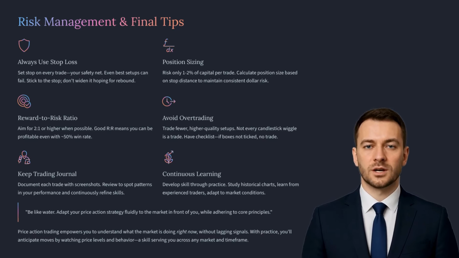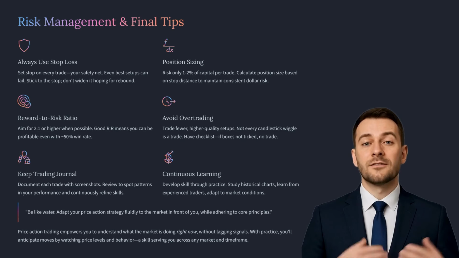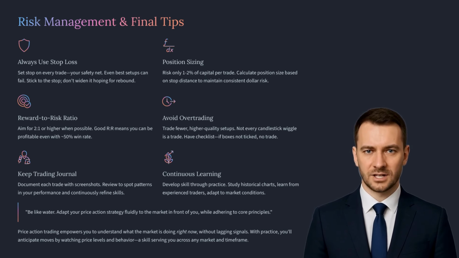Reward to risk ratio. Aim for trades with a favorable reward to risk ratio, RR, such as 2:1 or higher when possible. If you risk $100 to make $200, you can be profitable even if only 50% of your trades win. By contrast, if you routinely take 1:1 or lower RR, your win rate must be very high to compensate.